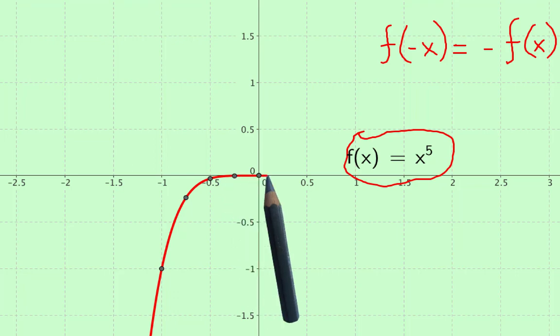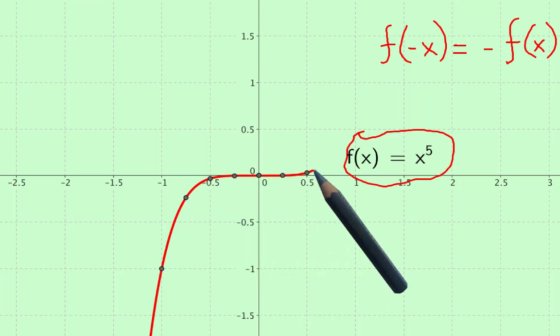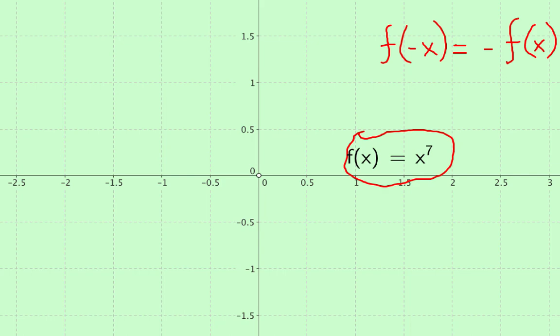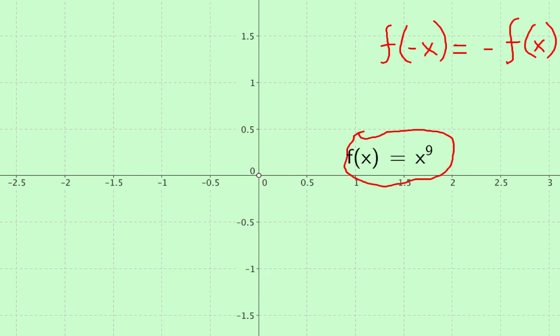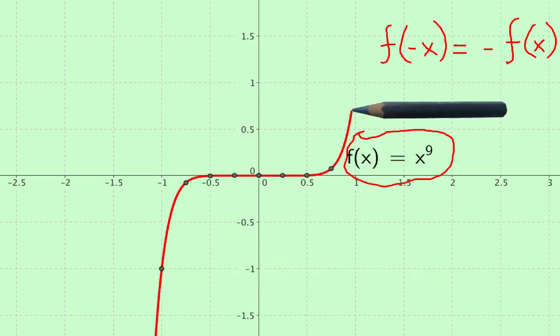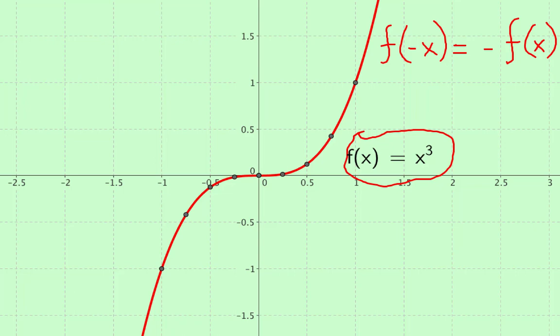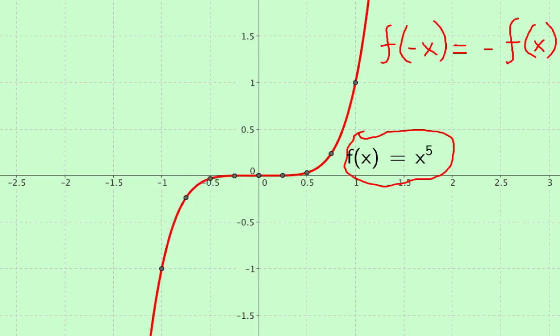Here the curve looks similar, but it's so much flatter near x equals 0 and goes up faster. Here I have f of x equals x to the power 7. Watch this. And now f of x equals x to the power 9. Let me quickly compare all of them once again: x cubed, x to the 5th, x to the 7th, and x to the 9th.